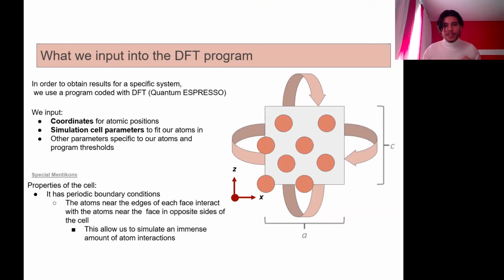I should also mention that in the Quantum Espresso program, the cells exhibited periodic boundary conditions. This meant that the atoms near the edges of each phase interacted with the atoms near the opposite phase in the cell. And this would allow us to simulate an immense amount of atom interactions, which would mirror how real-life materials work. Next.